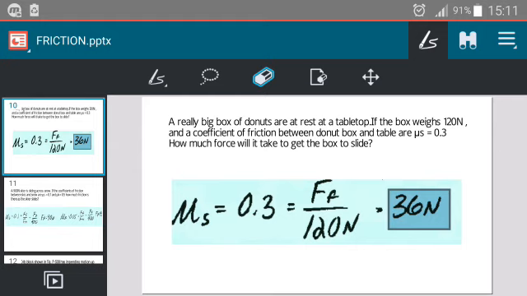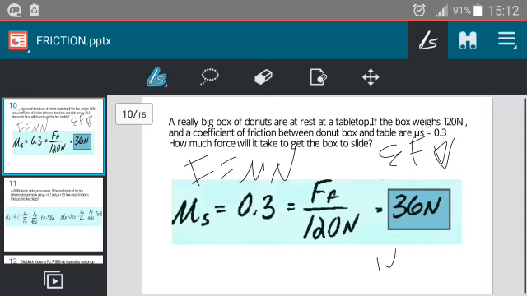A really big box of donuts is at rest on a tabletop. If the box weighs 120 Newtons and the coefficient of friction between the donut box and table is mu 0.3, how much force will it take to get the box to slide? Yung formula natin sa frictional force is F equals mu N. At makukuha natin yung normal force sa summation FV.